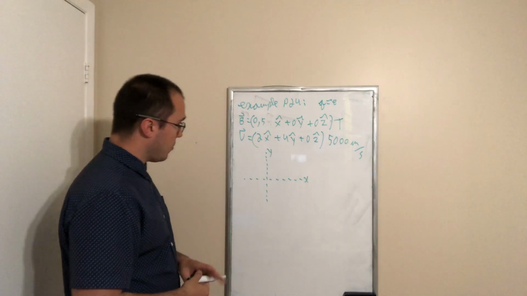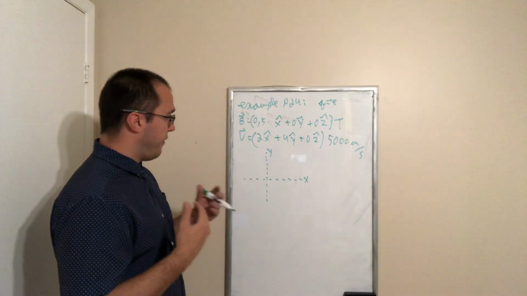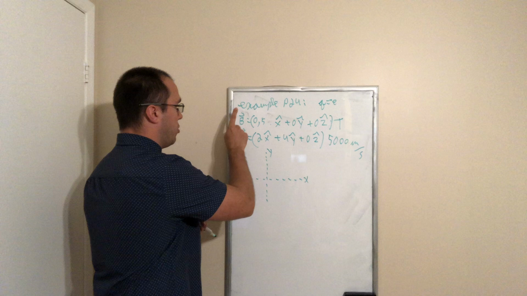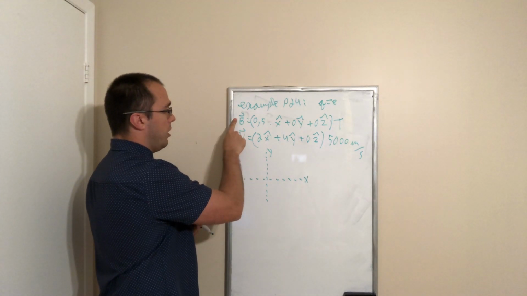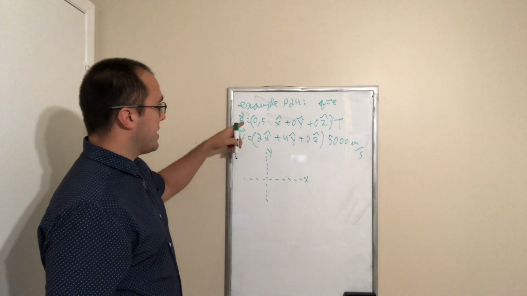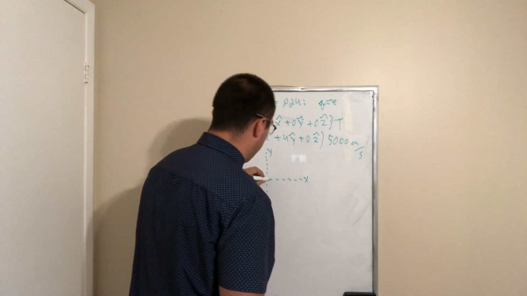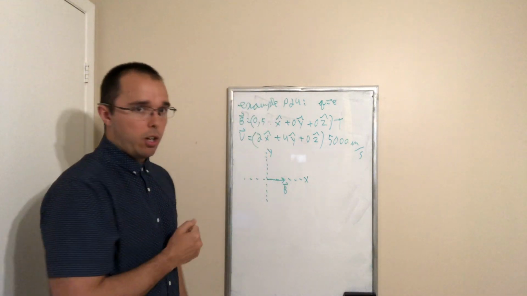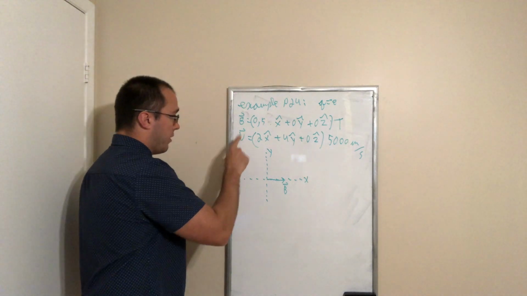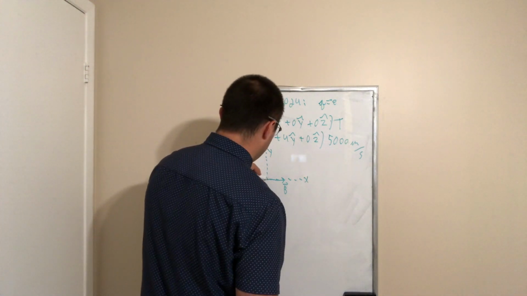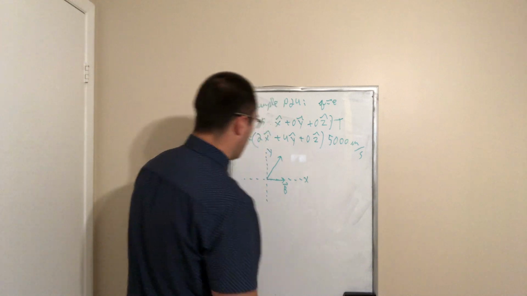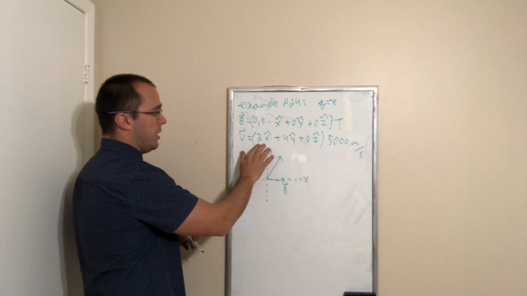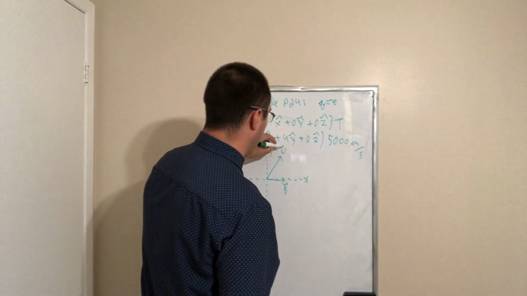All right, so we need to draw our vectors on the vector diagram. We're going to start with the magnetic field vector. Notice that this one is pointing strictly in the x direction. So we got our B vector over here. It's a 1D vector already. We got our velocity vector. This one is going twice more in the y direction than in the x direction, so we need to take that into consideration.